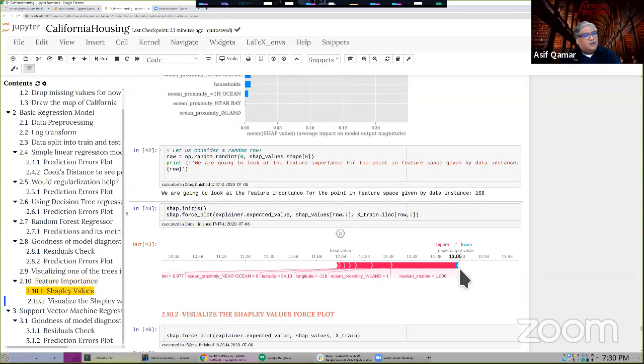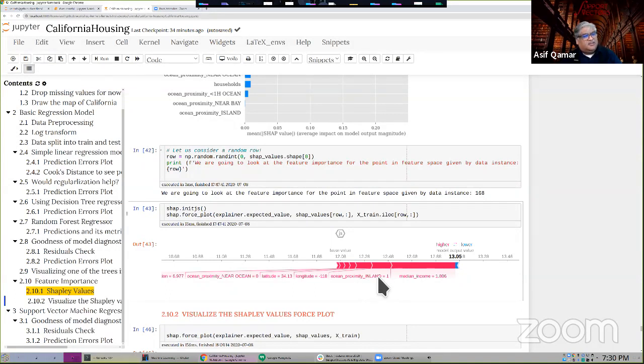Then, on the other hand, what are the factors that are most contributing to high price of the house? Median income. In other words, affluent neighborhoods where people's incomes are high tend to have expensive homes, which is common sense because only high-income people can afford expensive homes. What is the second most important factor? The second most important factor seems to be ocean proximity inland, right?